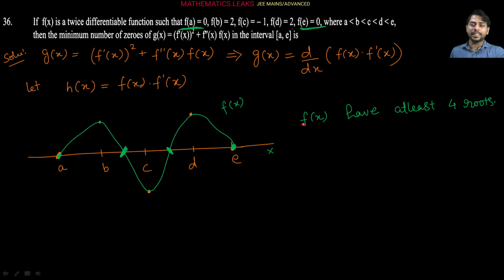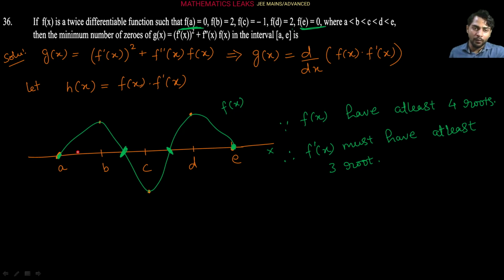So f(x) is a continuous function having at least 4 roots. According to the theorem I mentioned, in between any two roots of the function, its derivative must have at least one root.